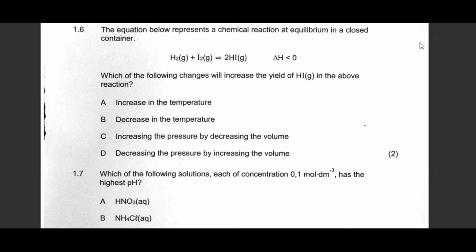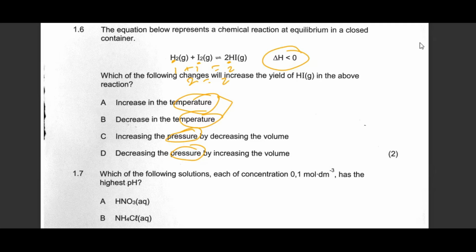So first ask yourself, because they are talking about pressure and temperature: whenever they talk about temperature, look at the enthalpy. Whenever they talk about pressure, look at the number of moles. You have 1 here plus 1 here giving you 2, so 2 equals 2. It means pressure will not affect it, because you have 2 moles before and 2 moles after.